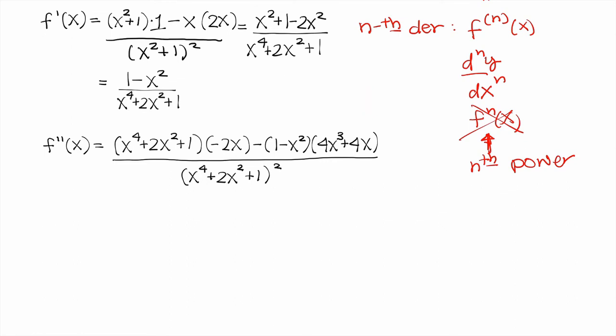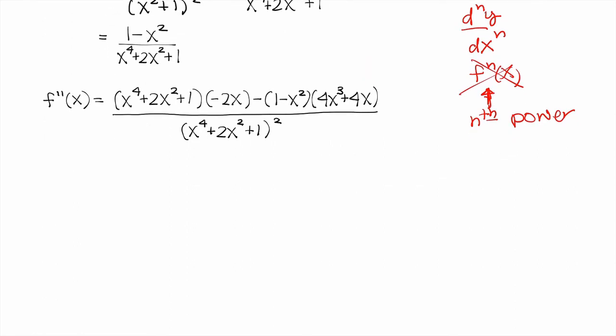So you just want to simplify this now. A lot of algebra going on. So this is going to be negative 2x to the fifth minus 4x cubed minus 2x minus, you have to multiply this out.